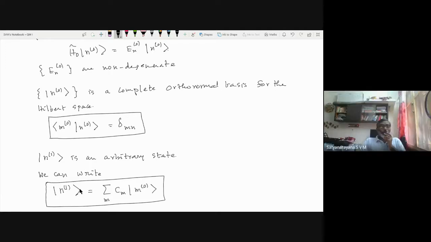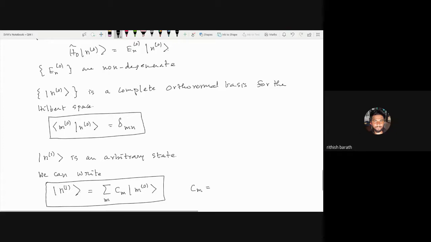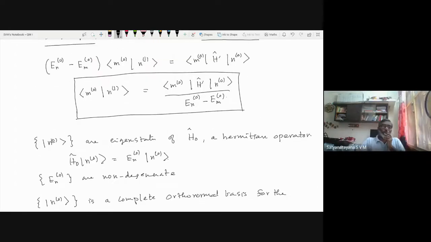Now, how do I find out Cm? What is Cm? Take the inner product with M0. The inner product of M0 with N1, correct? So this is Cm.